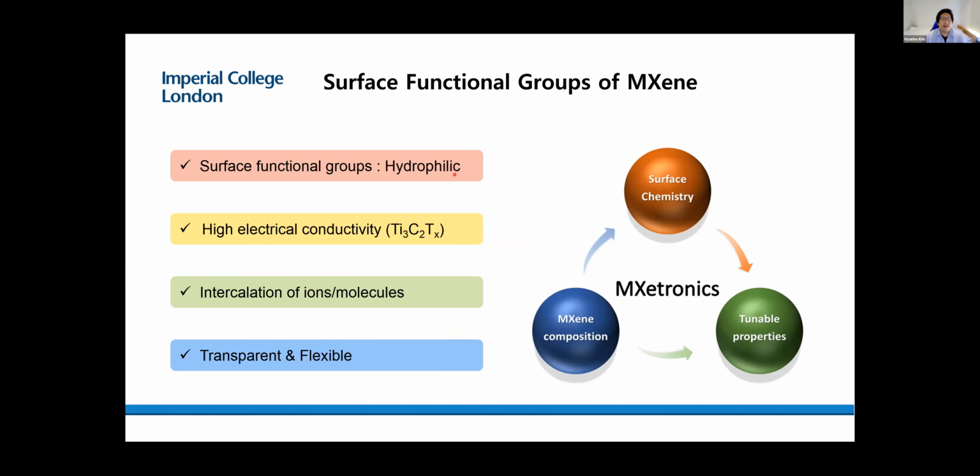Their hydrophilicity, conductivity, and ability to intercalate ions and molecules make them promising mainly in supercapacitors or other energy storage applications. But we thought these properties are also very important for electronics. And given the fact that the surface chemistry and the MXene composition will affect their properties, it can be used for electronic applications.